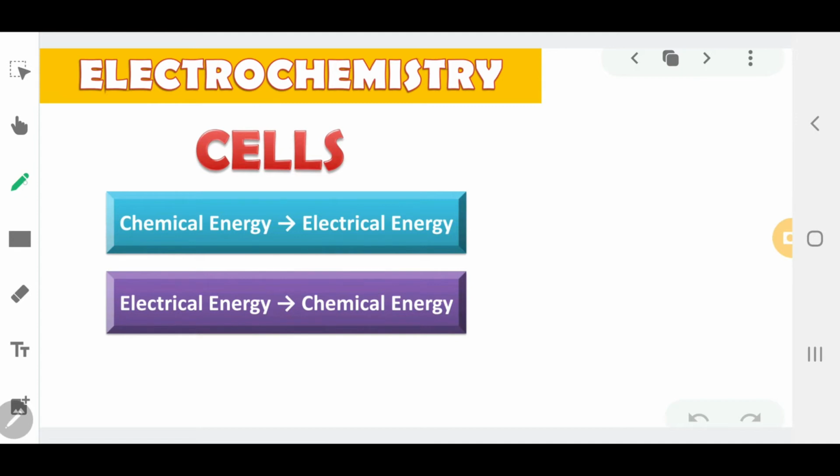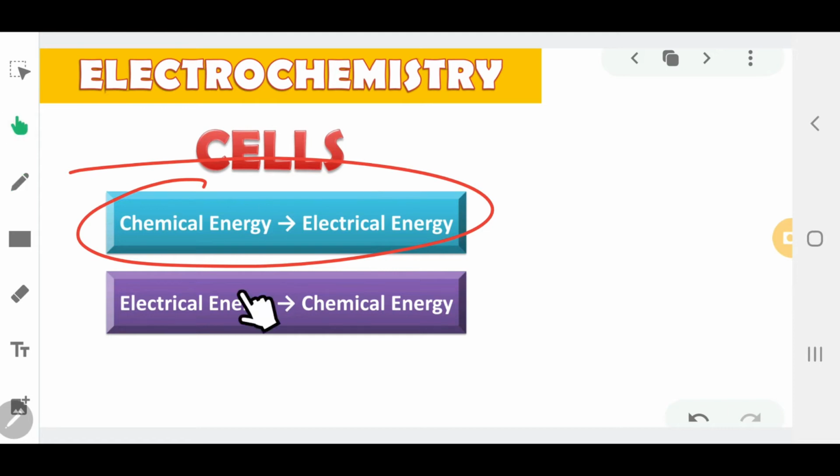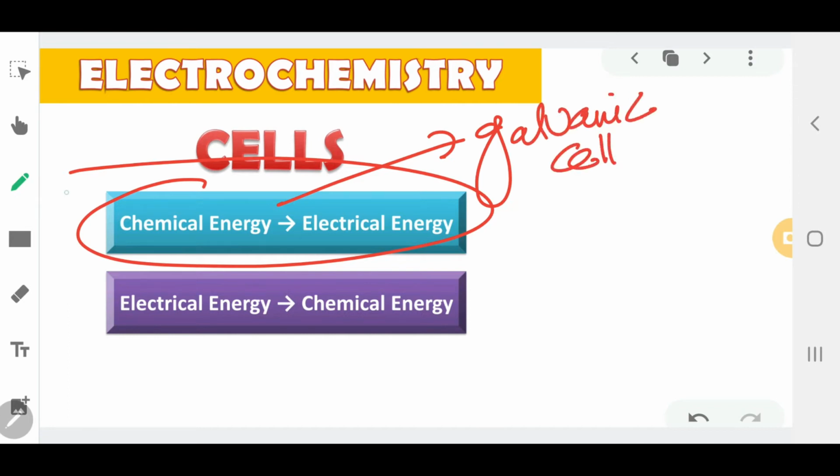Now, in the whole chapter of electrochemistry, you need to know two cells. For a galvanic cell, it is the process of converting chemical energy into electrical energy. Okay, so converting chemical energy into electrical energy, this is for the galvanic cell.